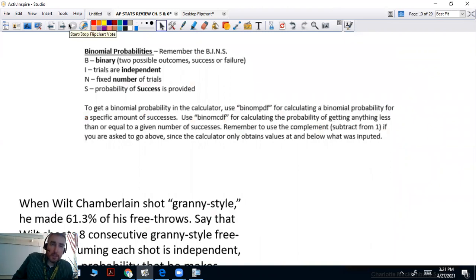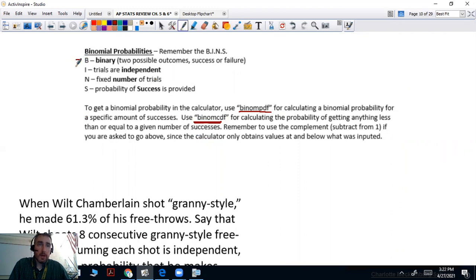Couple other probabilities to consider. Binomial. Binomial probabilities are when you have a fixed number of trials. For instance, if you're throwing 8 basketball shots, what's the probability that you get 3 out of 8 in the basket? So we can use something called binomial PDF or CDF in the calculator. I'll remind you where that is.